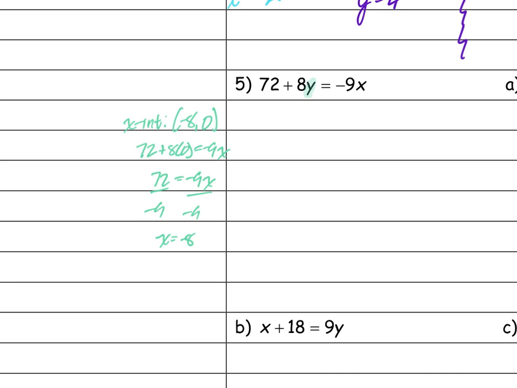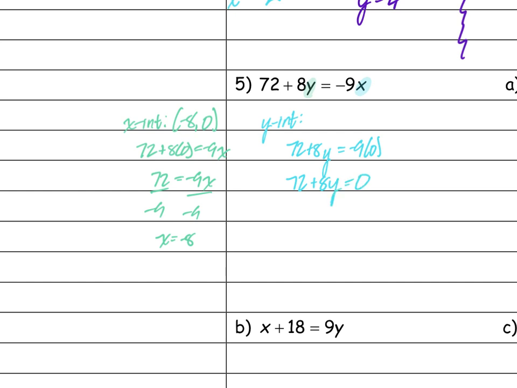And then to find the y-intercept, I'm going to set x equal to 0. So I'm going to put my 0 in here. So I've got 72 plus 8 times y, because I'm substituting 0 for x this time. Negative 9 times 0. Which gives me 72 plus 8y equals 0.